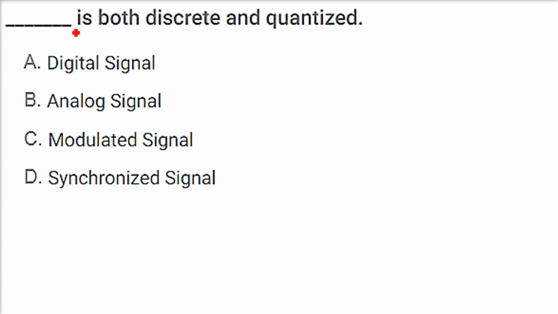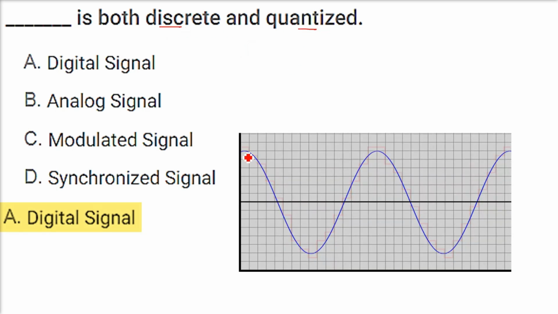The digital signal is both discrete and quantized. Discrete and quantized, that you have to understand. First of all, this blue line which you see is the analog signal, because in the world everything is continuous. When you have taken birth, your heart is pumping from your birth till the last breath you will take in this world. So this is an analog signal which will go on and on again and again.